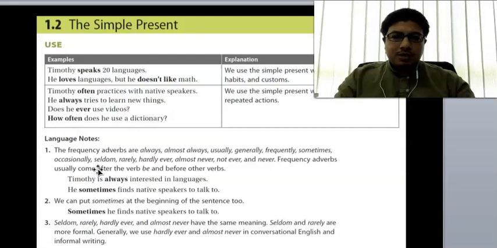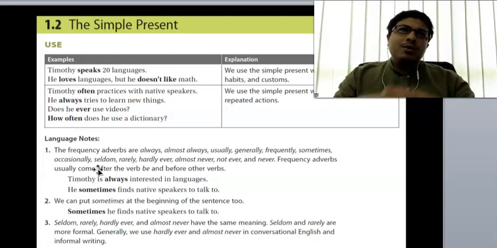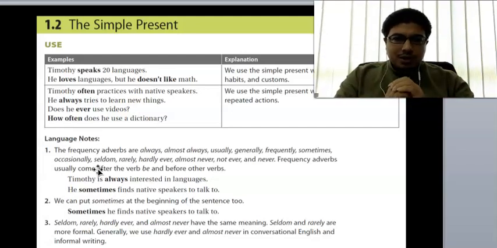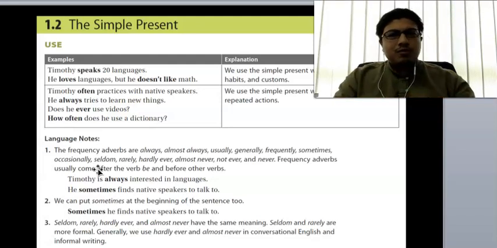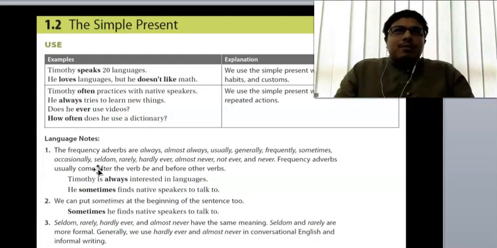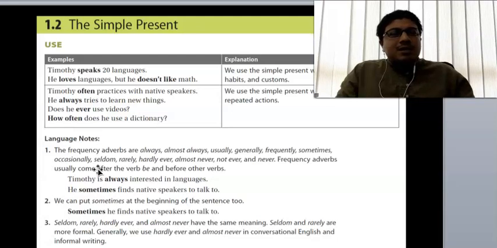So that is about simple present tense. So when do we use simple present tense? We use simple present tense when we are talking about factual information. For example, the sun rises from the east. So you say the sun rises.